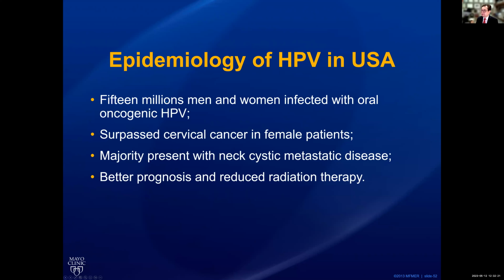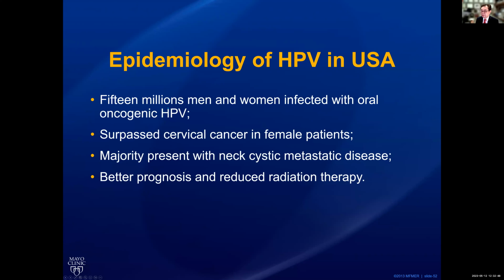And epidemiology of HPV in America, 15 million men and women. That's a lot of people, 15 million infected with oral HPV, and those are oncogenic type, meaning high risk type. As we know, low risk types don't have the pathogenicity to become cancer, but they induce papilloma.